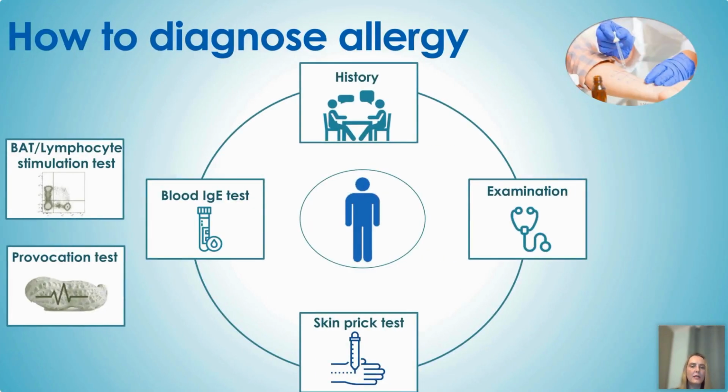Just how to diagnose. Like Dr. Cordy-Loader explained, the history is always crucial, then examination, and then we have skin prick testing that can be done, blood IgE testing, and then basophil activation testing or lymphocyte stimulation testing, which is more the non-IgE testing, and then provocation testing.